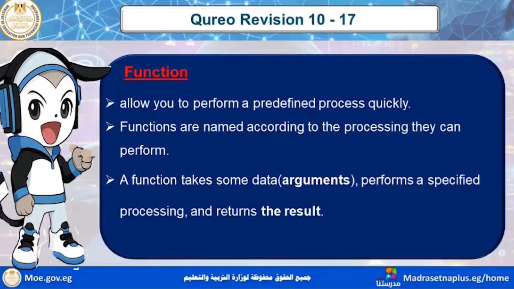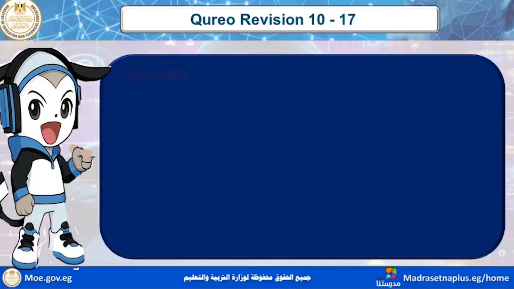A function takes some data, which means we have to take some arguments between the parentheses. Arguments here means a variable to use inside the function. It performs a specified process and returns the result. And of course, it will be done because I is declared at first.